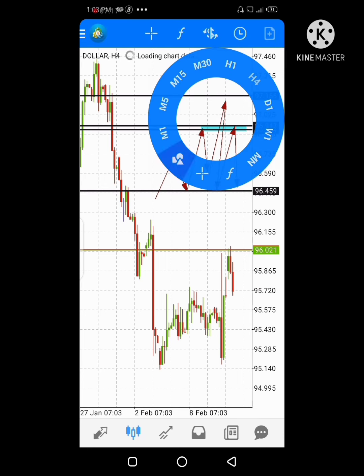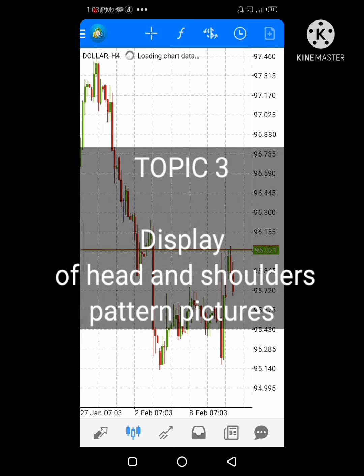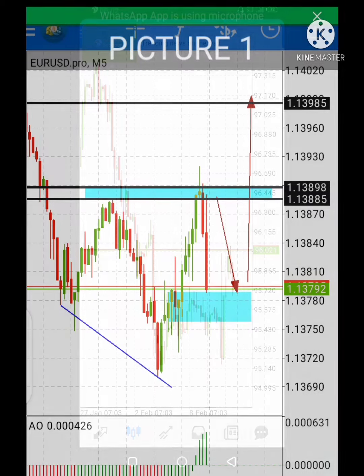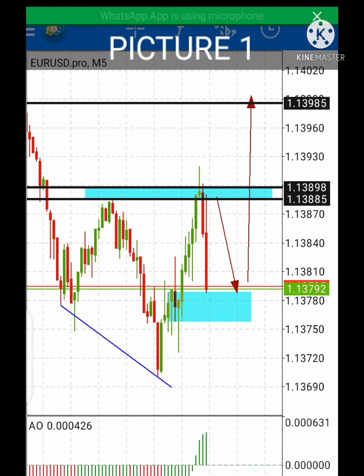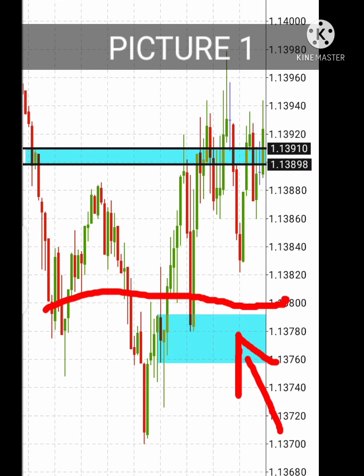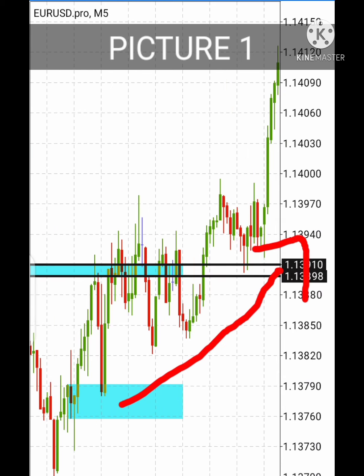So now next we're going to display maybe 2 pictures of the head and shoulder pattern live in the chart for you to see clearly. So in this first picture, you can see price got to the other shoulder level and bounced back and pulled up and even made more ups.